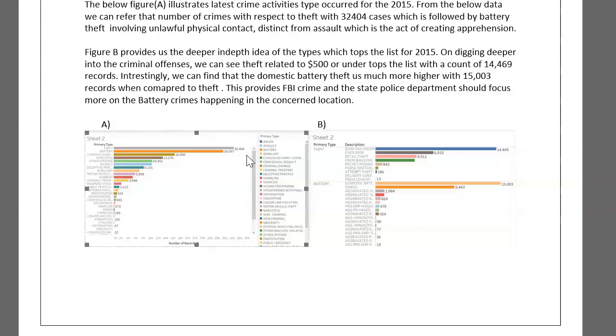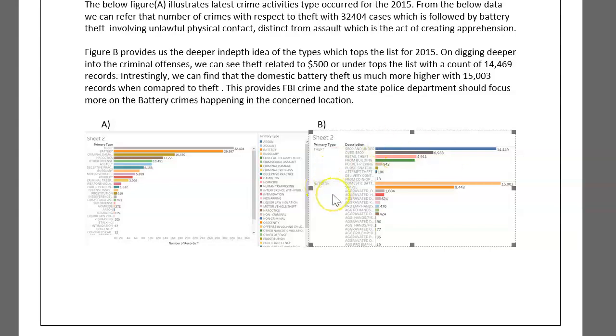Analyzing more in depth, we saw that theft of $500 and under is 14,449, and over $500 it's 6,933.